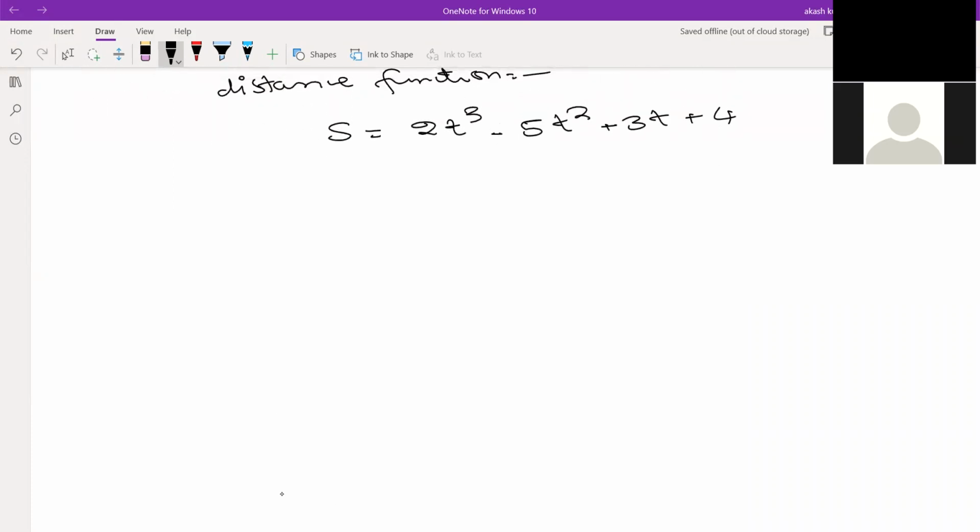And we are asked to find the acceleration, and the acceleration after 2 seconds.